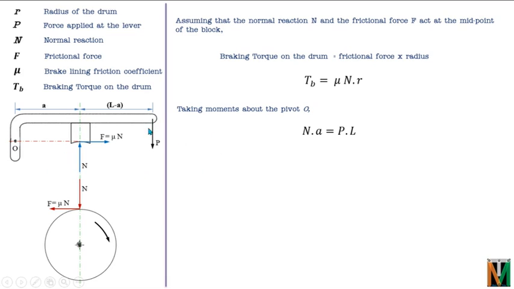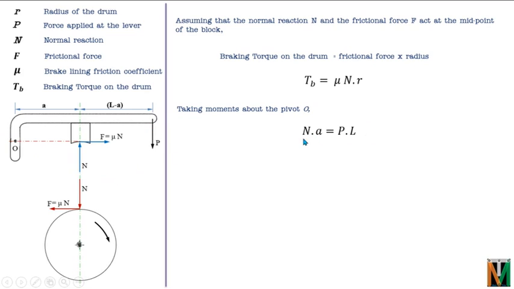The moment of force P about the fulcrum point is force P multiplied by the distance of its line of action from the fulcrum point, that is L, right? P is at a distance of L from the fulcrum point. So P into L, in the clockwise direction, will be equal to N into L.